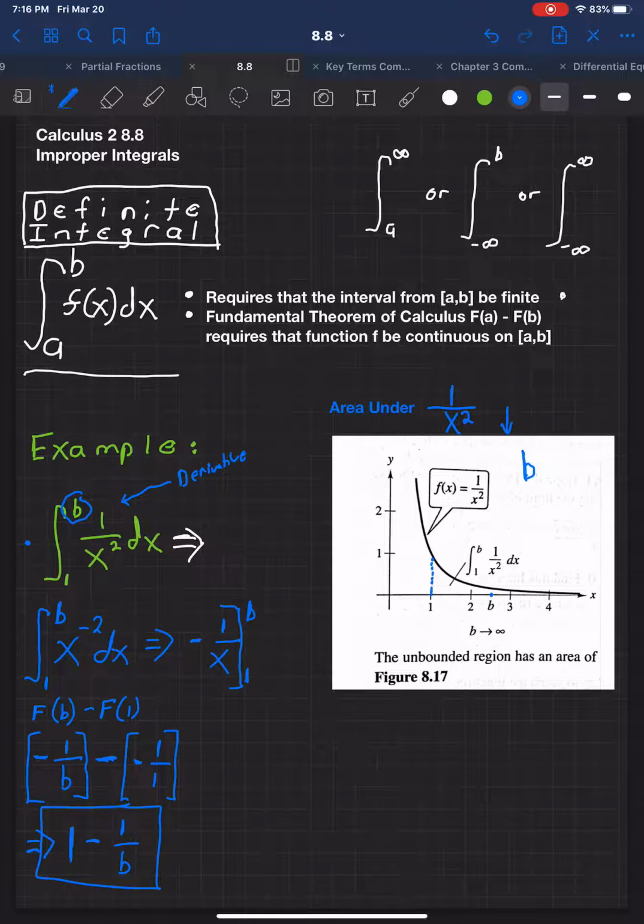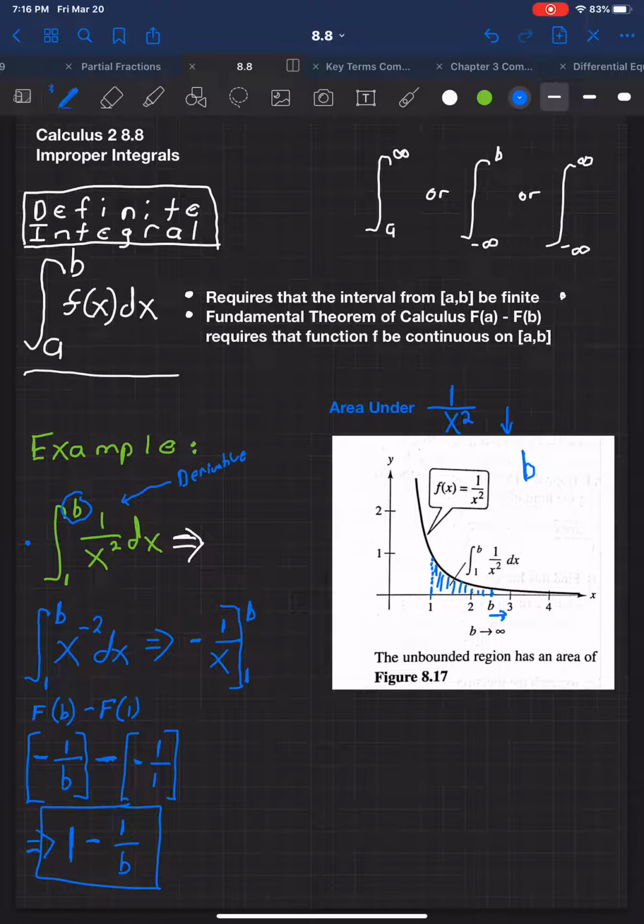Now, can we agree, so I'm going to go ahead and shade in some stuff here, that we would be finding the area under this curve. And let you and I agree that if I could drag and drop this value b, like if I could move it, as I move it to the right, ask yourself, should the area under the curve increase or decrease? Well, yeah, it should increase, right?